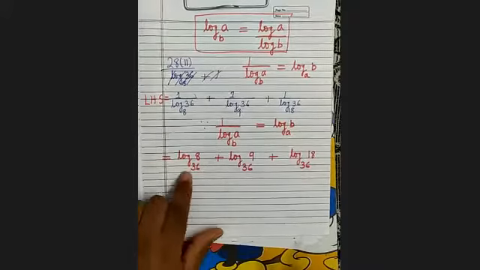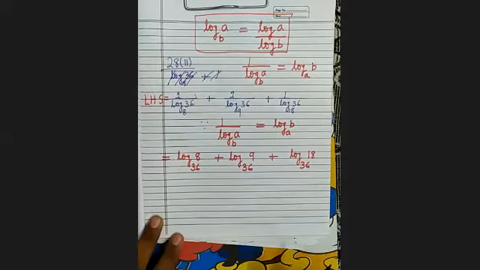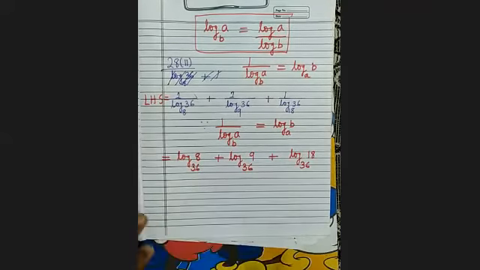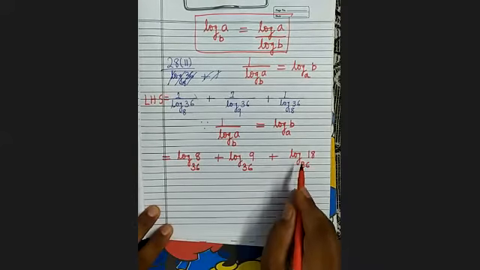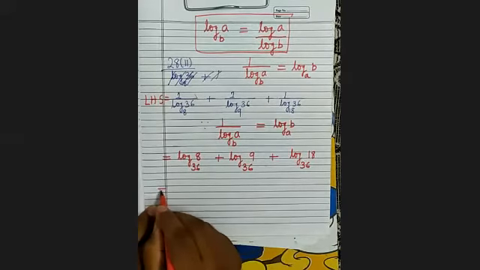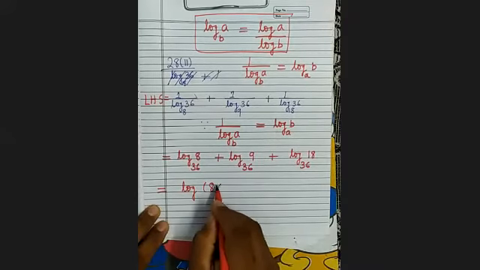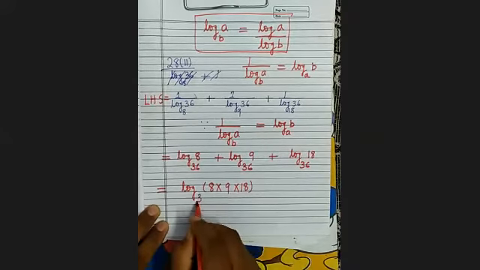Now you can see here, in all the 3 cases, bases are the same. So we can apply the product rule. Log m plus log n plus log p equals log of m into n into p. So you can see here, log of 8 into 9 into 18 to the base 36.